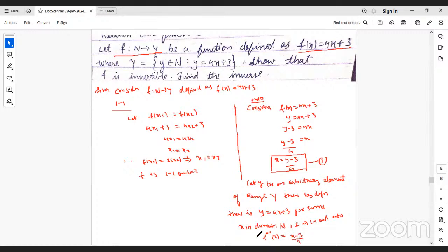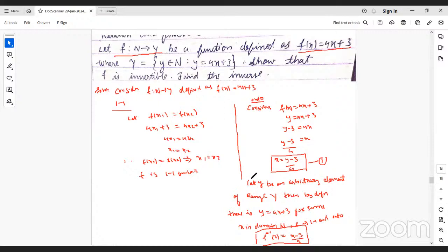So this is the inverse of this function. To show the function is invertible, first we need to show it is one-one, and then we need to show it is onto. For onto we need to write the given equation in terms of x and show that for every y there is some x.